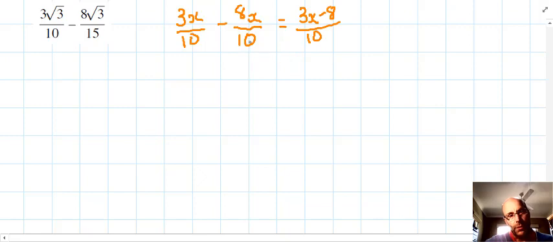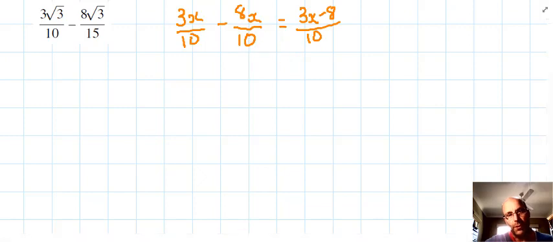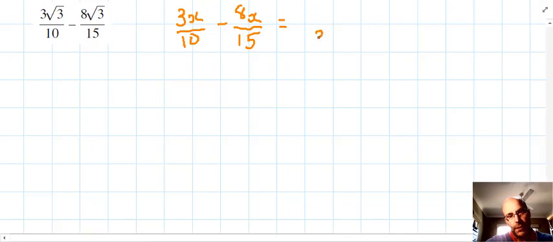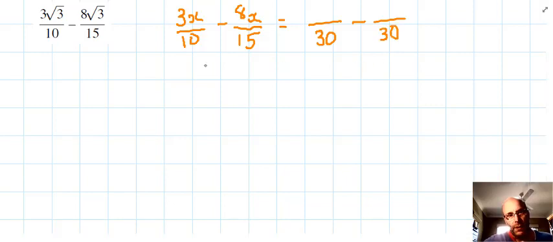Even if the denominator wasn't common, what would we have to do? It'd be an easy adjustment. We'd find the lowest common multiple of 10 and 15, and that'd be 30. So the first term, top and bottom, needs to be multiplied by 3.